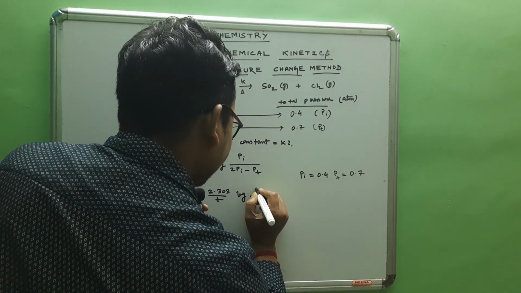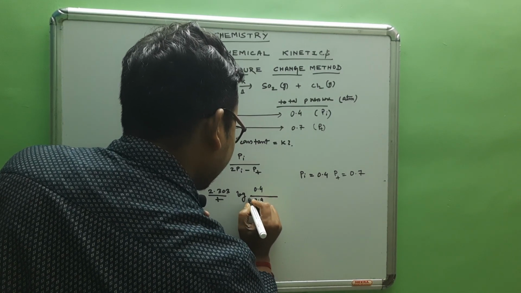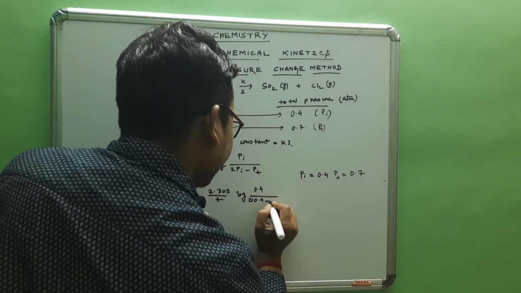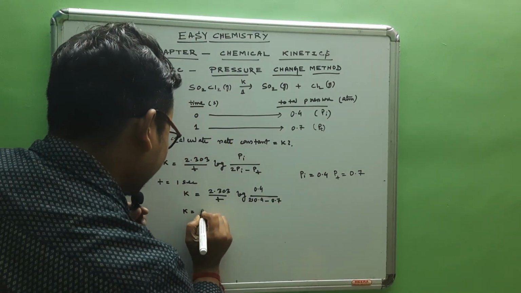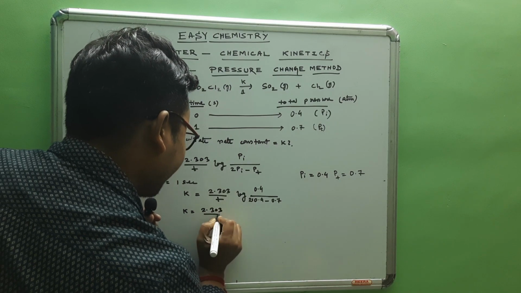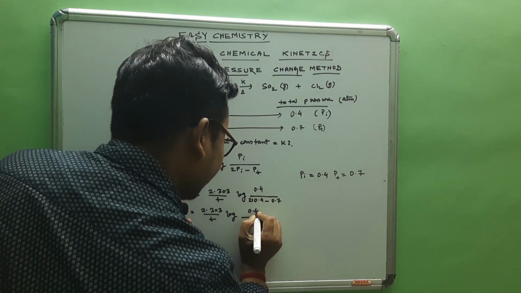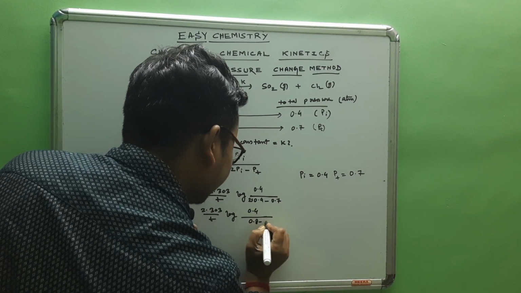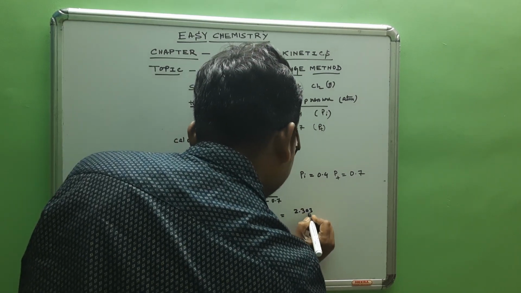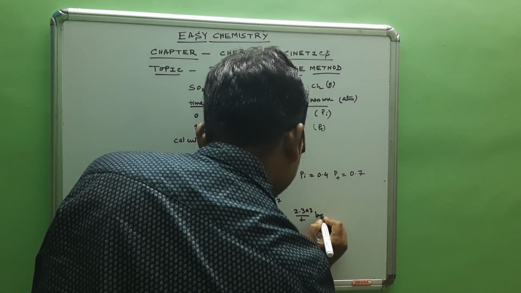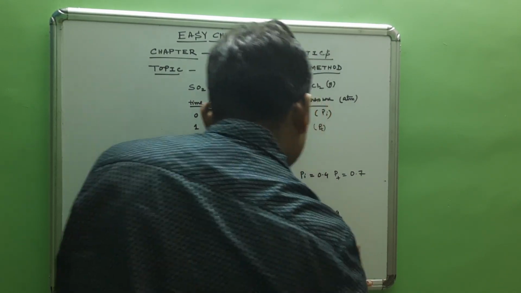So here we put the value: 0.4 into 2 minus 0.7. So it gives t log 0.4 by 0.1.